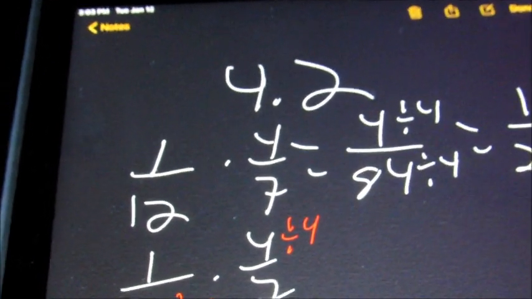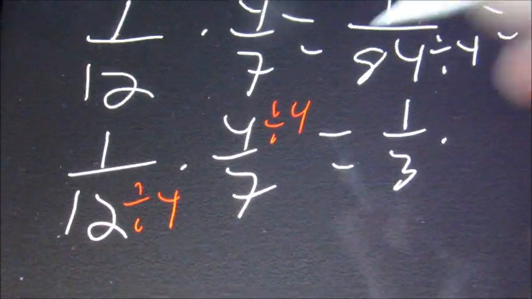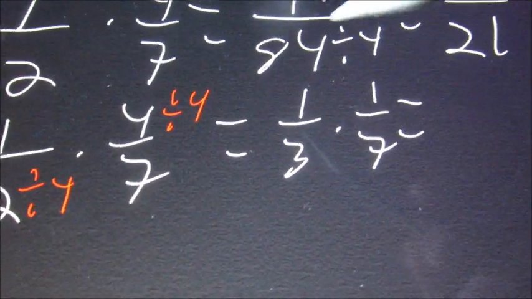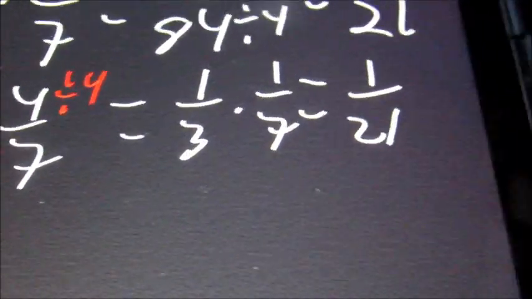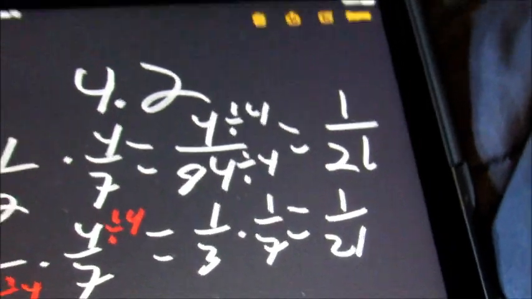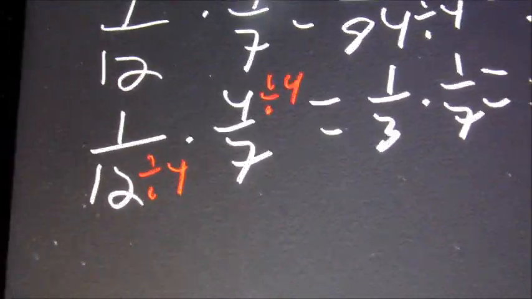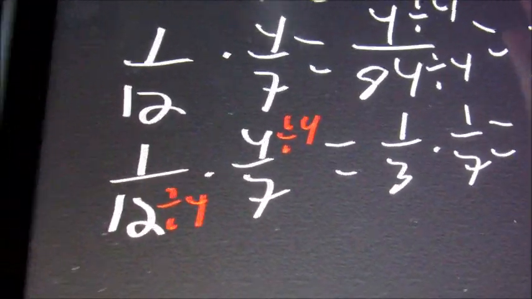When we do that, we're going to actually now have 1 over 3 times 1 over 7. And now when we multiply, 1 times 1 is 1, 3 times 7 is 21, and we have our answer. A lot of times it's easier to reduce before we multiply, especially when we're going to have bigger numbers.